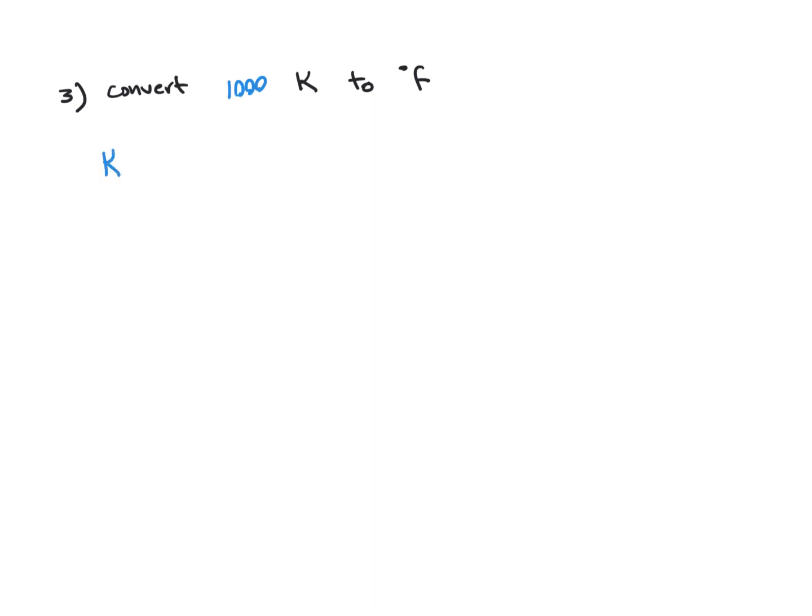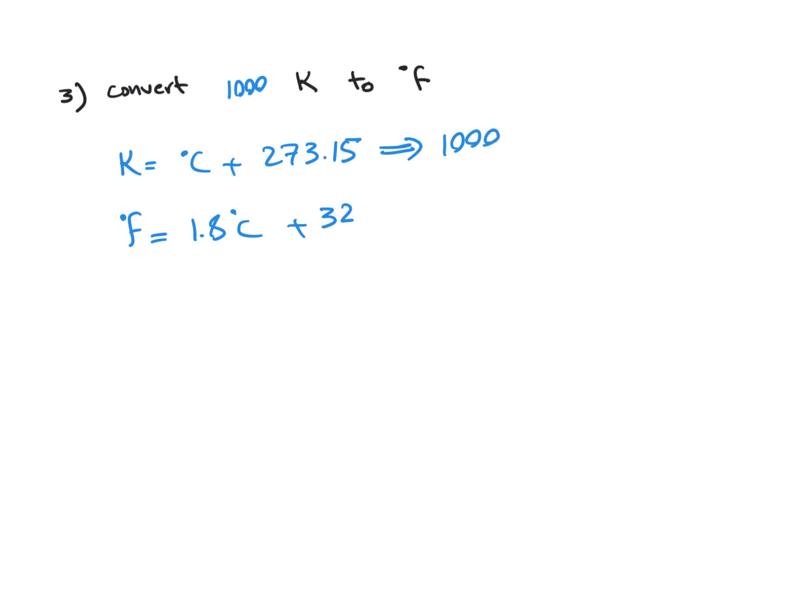So degree, basically not degree. We don't use degree for Kelvin. Kelvin equals degree Celsius plus 273.15, and degree Fahrenheit equals 1.8 degrees Celsius plus 32. So here I gave you 1000 Kelvin, right, equals degree Celsius plus 273.15.